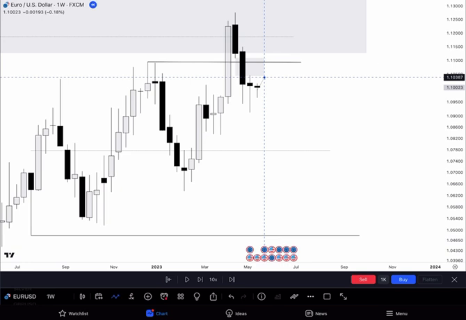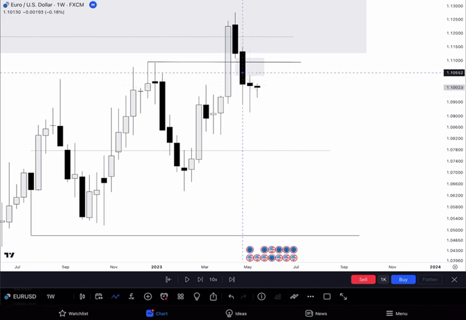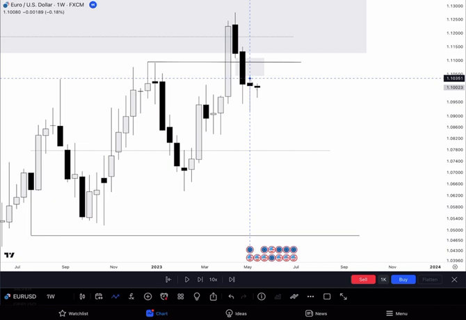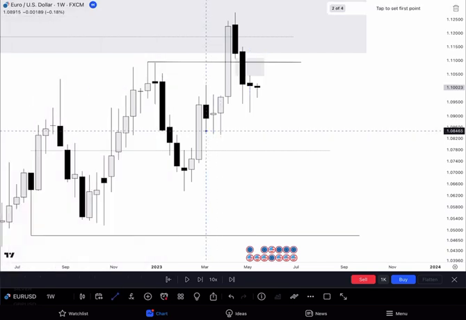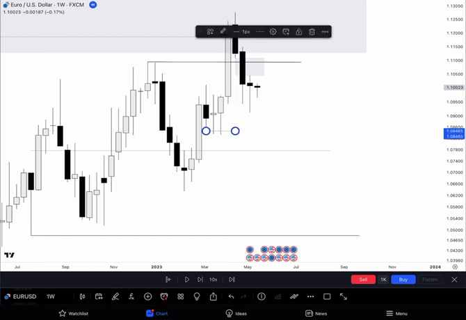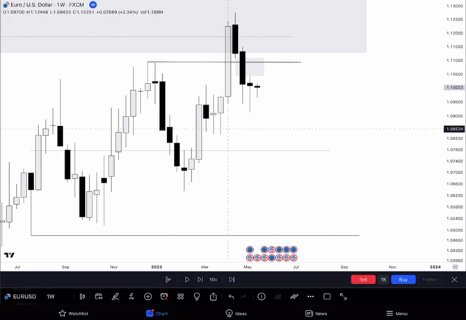Why does it matter? Is it just some empty hole, some magical thing? Nope. It is the high of the previous candle for a bearish FVG, and it is the low of the previous candle for a bullish FVG, right? And I've discussed, of course, the anatomy of an FVG in depth on my Twitter, so make sure you go and check it out if you are interested.